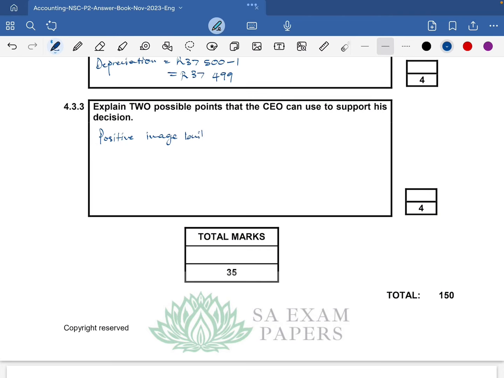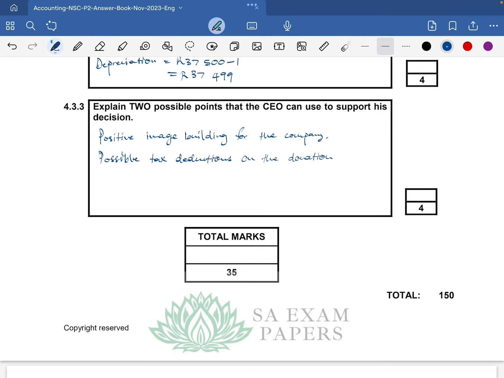Okay, so here this is a positive image building for the company. Okay, and we also have possible tax deductions on the donation.